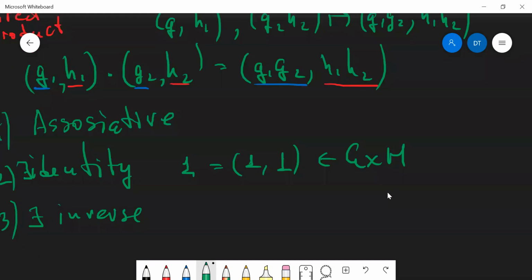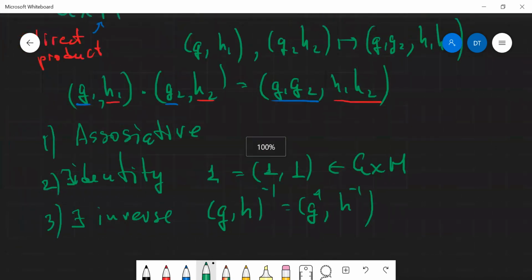And if you want to compute the inverse element for G, H, you just compute the inverse element coordinate-wise. So you can check that if you multiply G, H by this pair on the left or on the right, the result will be this pair, which is the identity element here. So this element satisfies the definition of the inverse element. So it's simple.